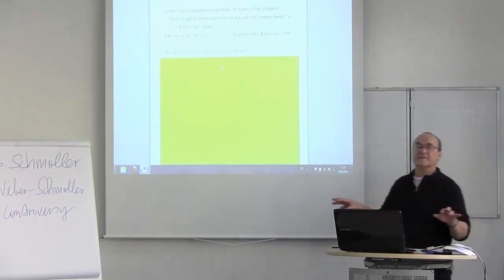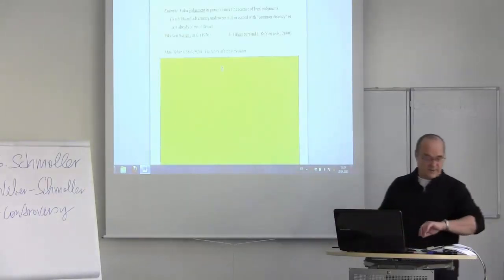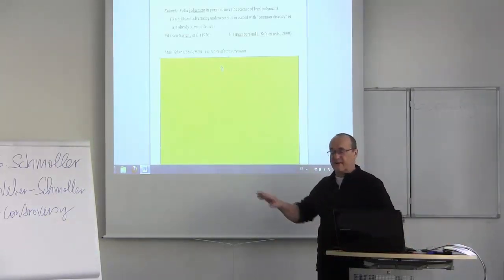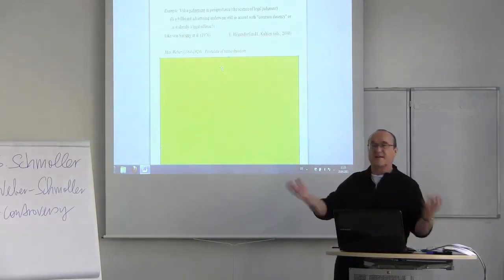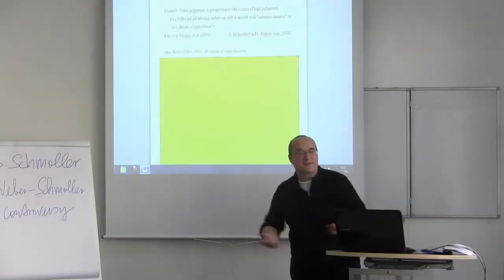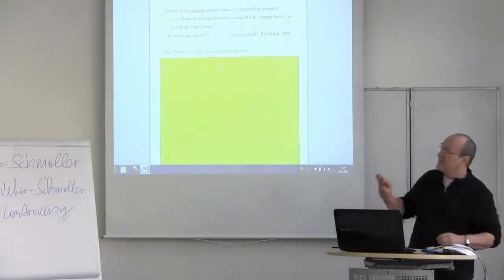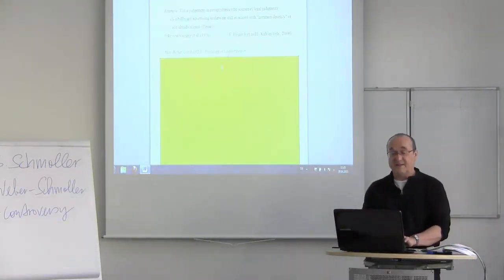This was an argument of the opposite camp, the Schmoller camp, right? They said, well, social sciences have to do with humans, with human values, so they of course deal with values. But Weber said, no, in spite of that fact, we are value free too.